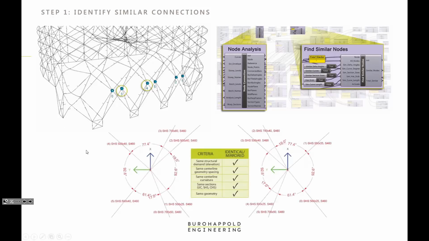Rob will tell you more about this if you want to ask any questions, but I think this was probably fundamental to doing everything within the time frame that we had, because we had to automate the similarities. We couldn't afford to interrogate every single node and find which ones were similar.